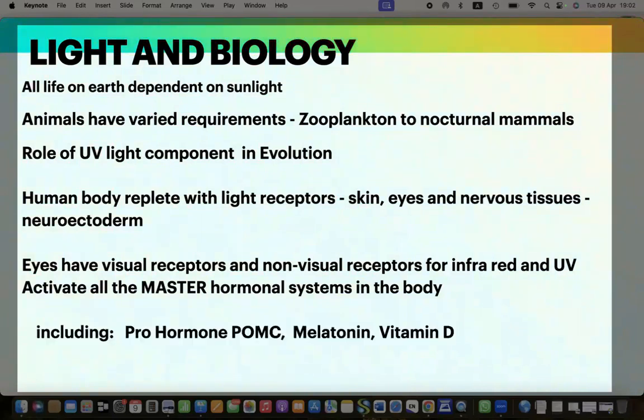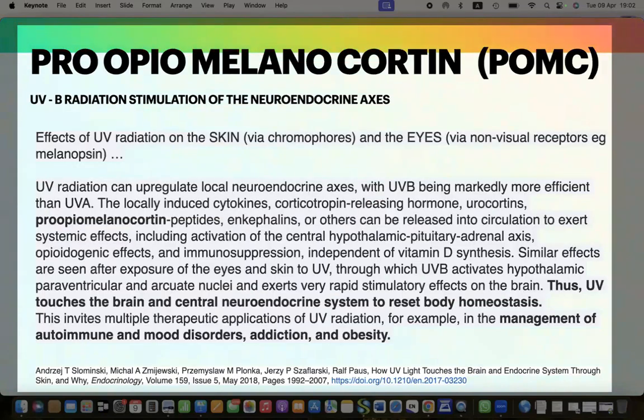via the pineal gland. So what I learned about here, and I first heard them speaking about, and I couldn't figure out what it was. They're talking about POMC the whole time, which is a pro-hormone, and it's a very long protein, which is activated and set up by the effect of UV radiation on the skin and through the eyes.